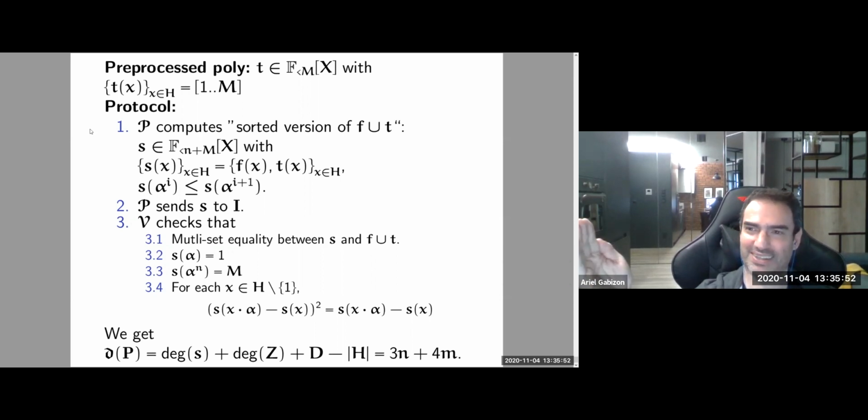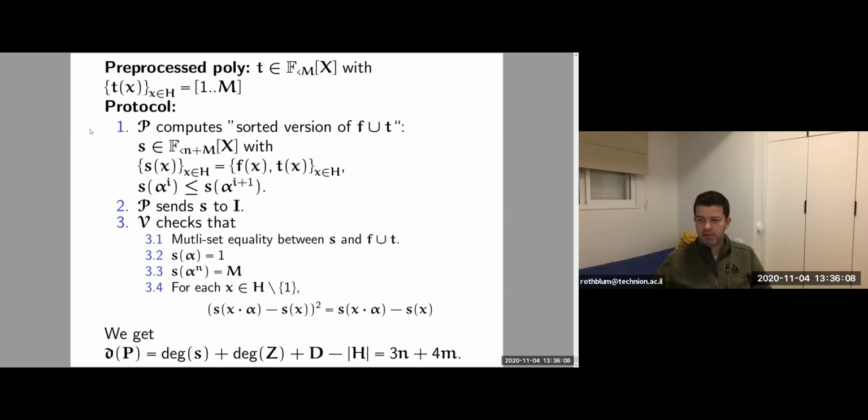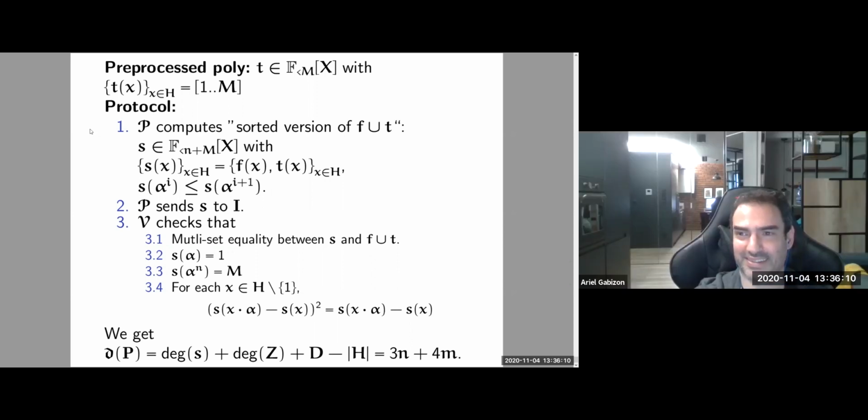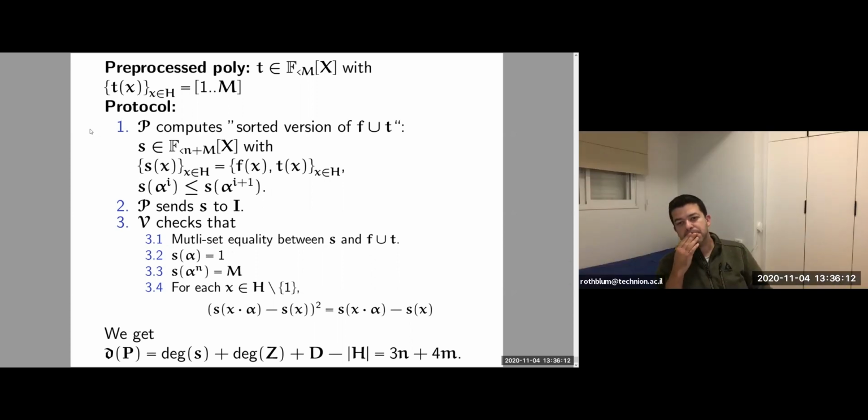So I'd like a way to check, for example, that S is sorted without having to do these tiny steps and having to pad with so many of these values. By padding, you mean the T, right? Exactly. Yeah.